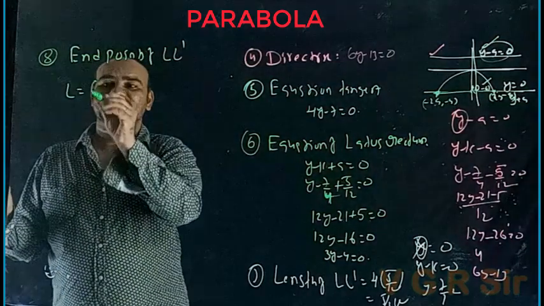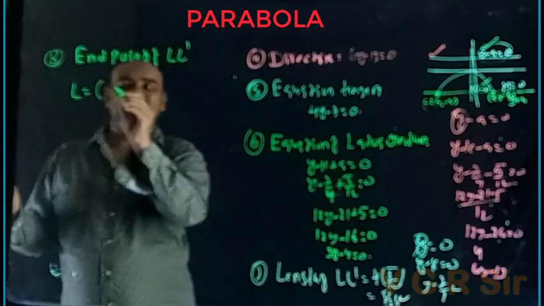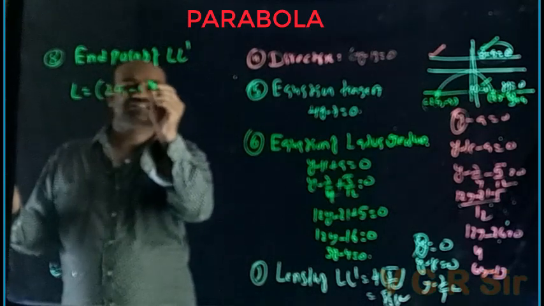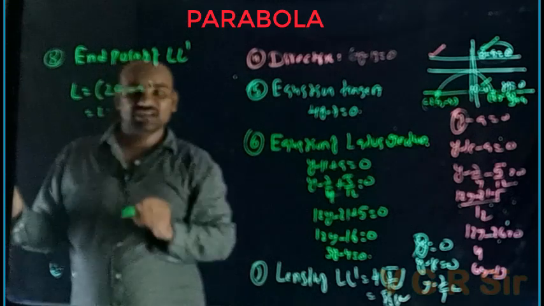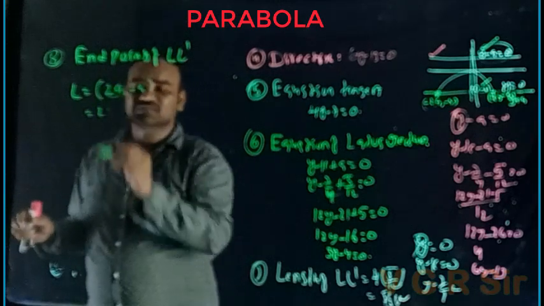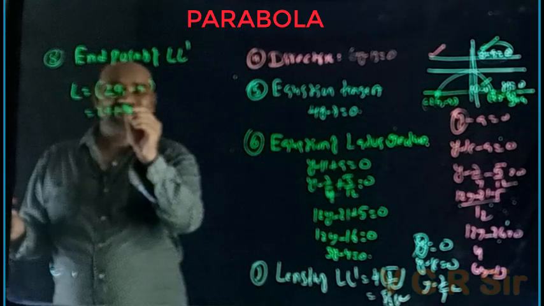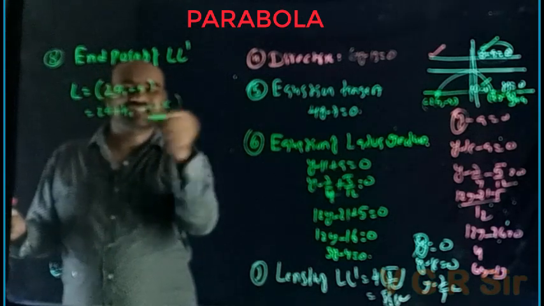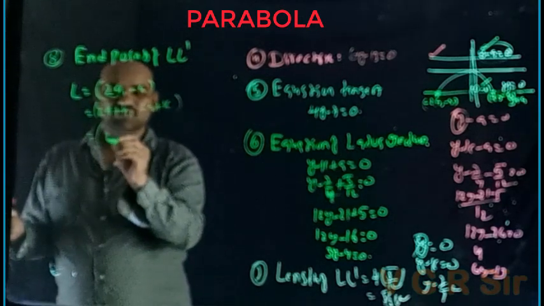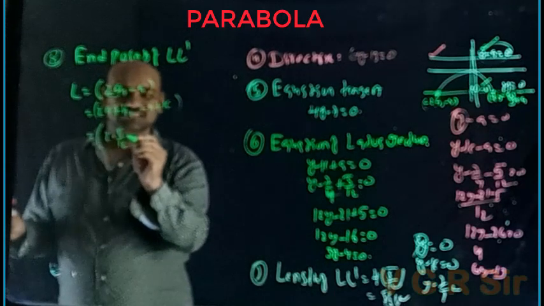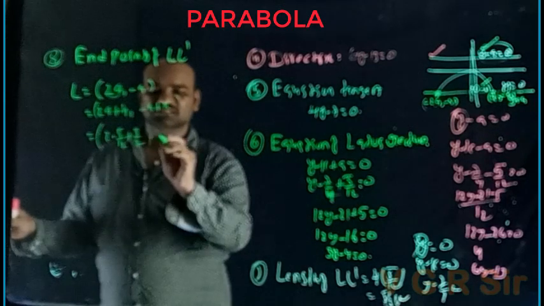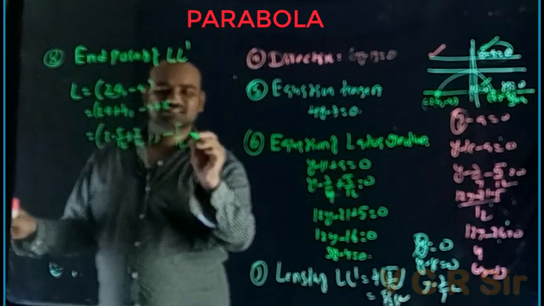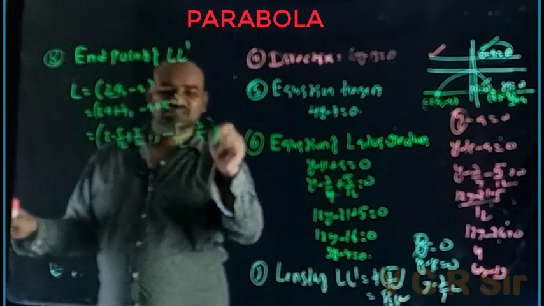Okay. So one of them is 2a comma minus a. What does the new one become? Instead of this, what should we write? 2a plus h comma minus a plus k. That is 2 into a, means 5 by 12. H means 3 by 2. Comma minus 5 by 12 plus k, means 7 by 4.